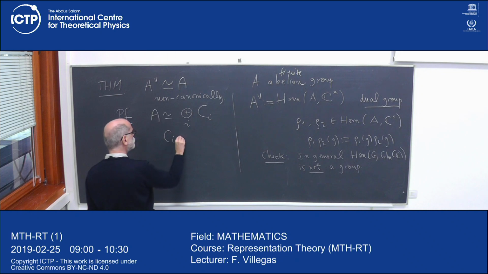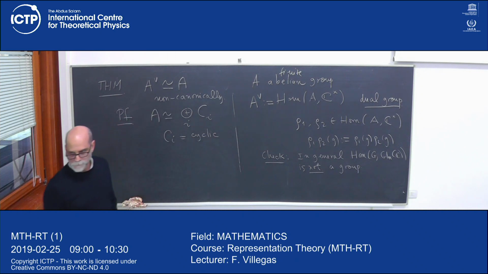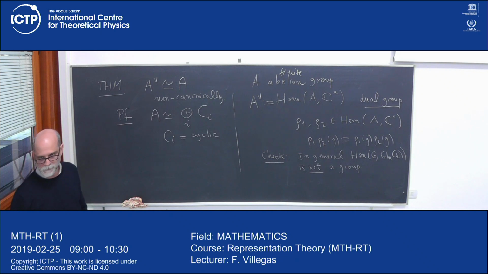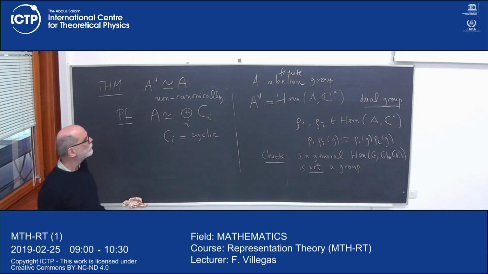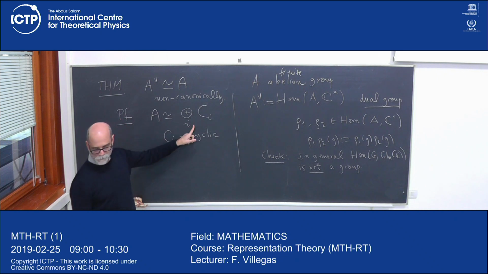We take the generators, where these guys are cyclic. Yeah, this is the fundamental theorem of finitely generated abelian groups. You've seen this in the algebra class, right? Z is a PID, modules over a PID.